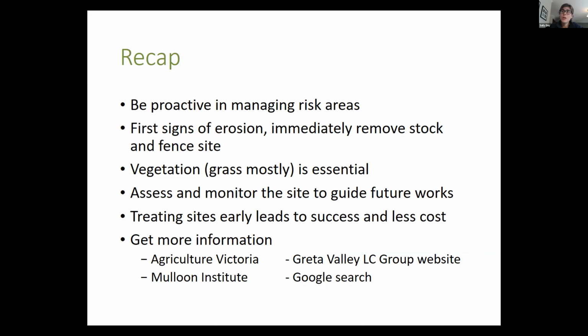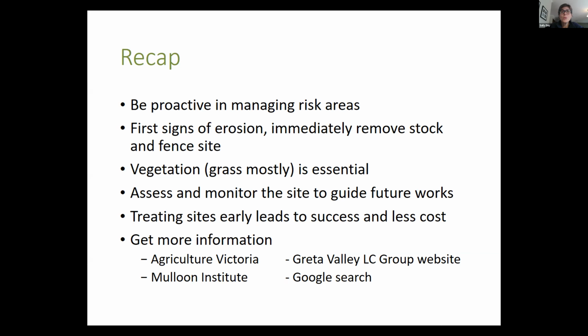So take repeat photos, go out when it's wet and have a look at the water actually flowing through those sites, or do some measurements of whether that erosion head is retreating, because that's going to give you really good information to help guide what future works are needed at the site. The earlier that you can treat your sites, the more likely you are to have success, and it's going to cost you less. So getting in as soon as these things start to develop is going to give you the best chance of fixing them.